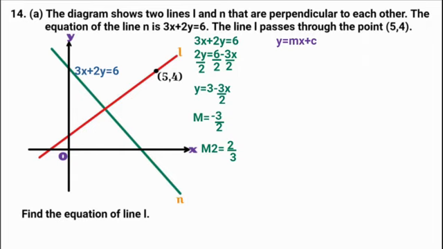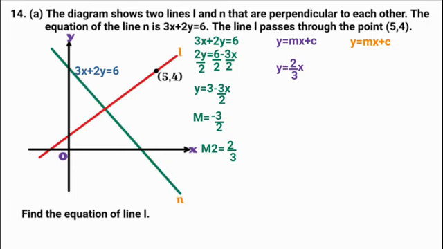We write y is equal to gradient 2, which is 2 over 3, x, plus C. We do not have the value of C, so we're going to find it. I'm going to write this same equation here on the right side in orange.